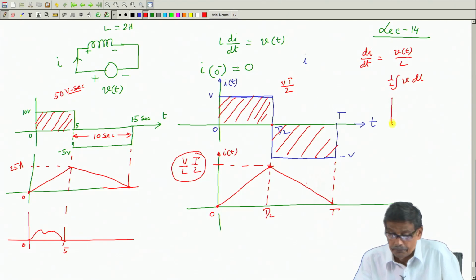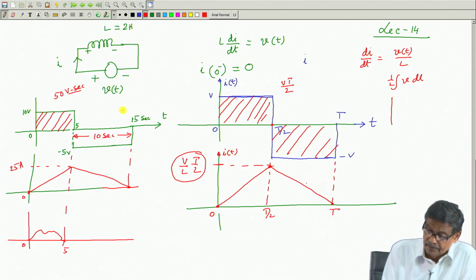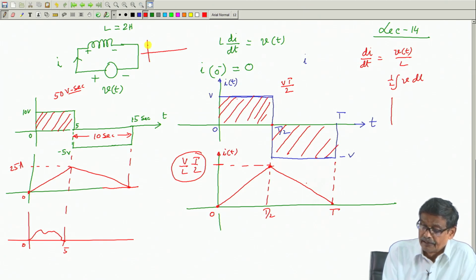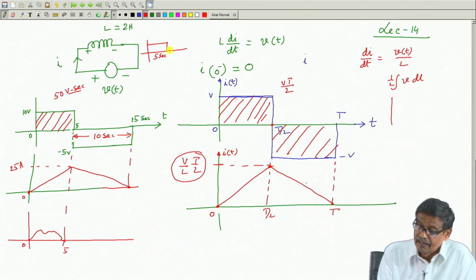Suppose for the same problem you have applied 5 second here and you have applied 10 volt, and in the negative half it is once again minus 10 volt, but only for 2 seconds. This is t equal to 7 seconds.